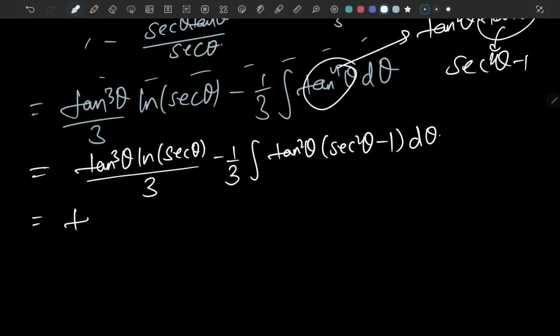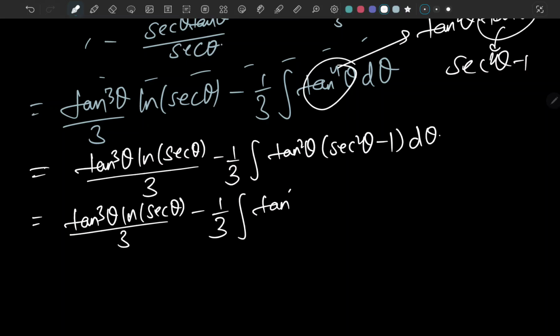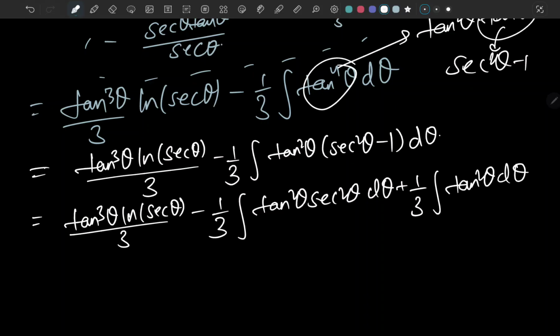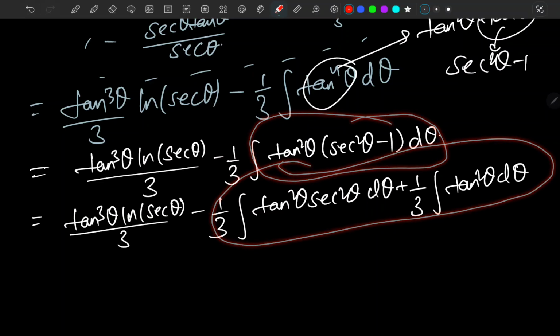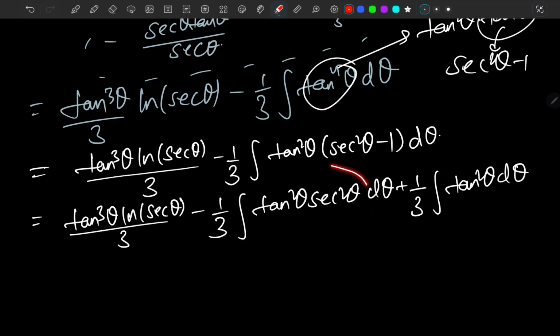So this becomes tangent cube theta ln secant theta over 3 minus 1 over 3 times the integral tangent square theta secant square theta d theta, plus 1 over 3 integral tangent square theta d theta. I hope you understood what I just did over here. I just broke up that integral into two integrals, right? And if you look closely, this is what our I is, right?